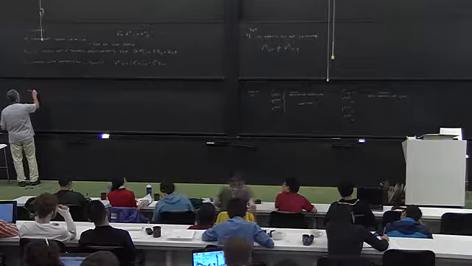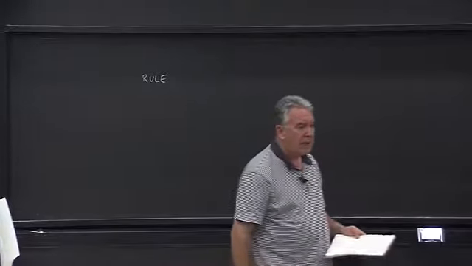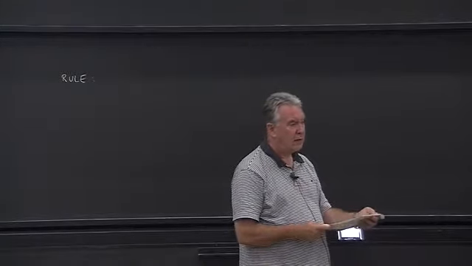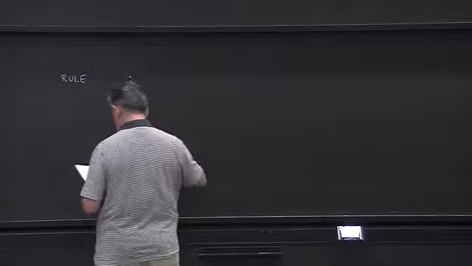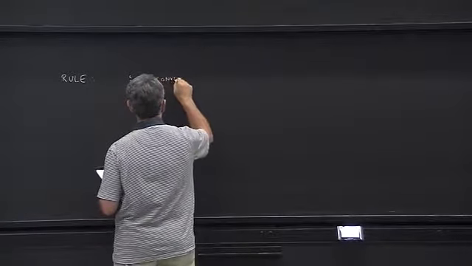We've got a rule. If we know the right physics in flat space, we now have a rule for writing down the right physics in curved space, because the semicolon converts tensors to tensors.